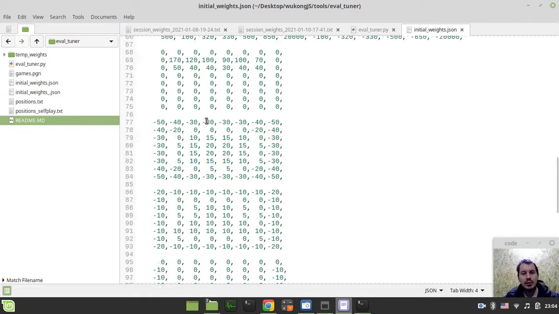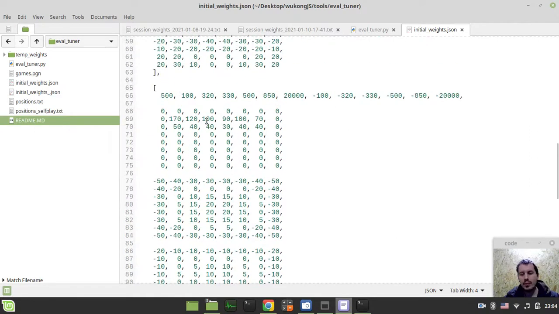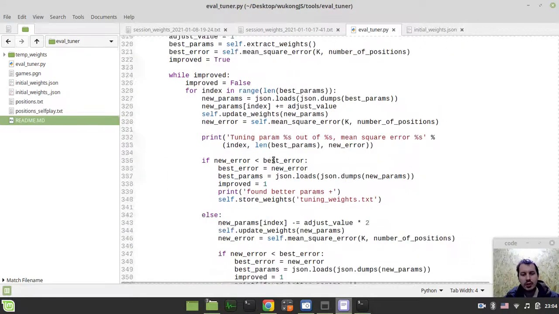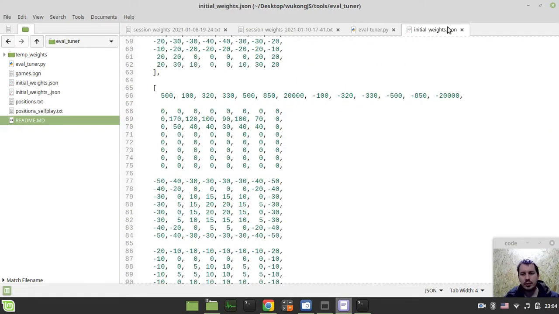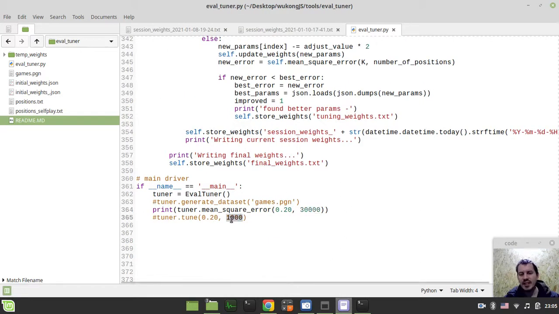So they were using this Texel tuning with not 1,000 or 30,000 positions like I did here. I used 30,000 for the manual tuning that I've just shown you here, and I've also used only 1,000 positions for automated tuning, which is very miserable, but quite an interesting thing is that the mean square error within 1,000 and 30,000 is not really that different.